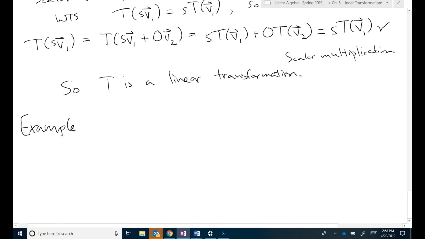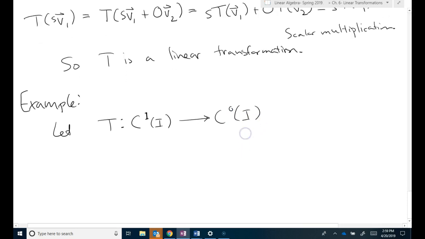Here's another example. Let T go from C1 on an interval I. C1 of I is all functions with first order derivatives, to C0 of I, which is basically all functions.